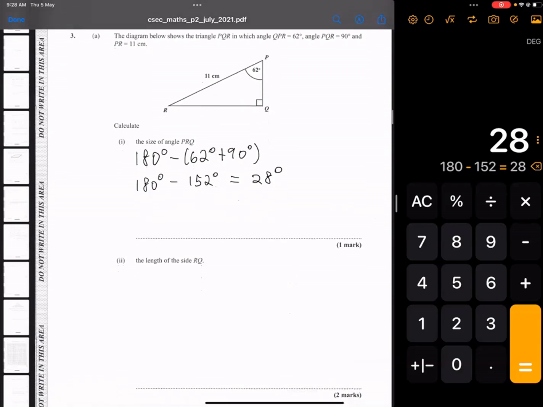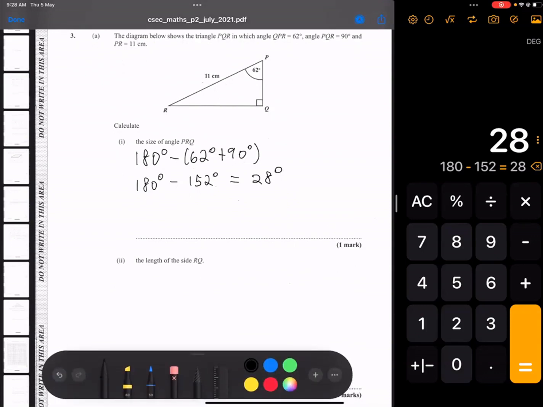The length of the side RQ. If you remember your trig ratios, SOHCAHTOA, and using the angle 62 degrees, we would realize that the side RQ is opposite 62 degrees.